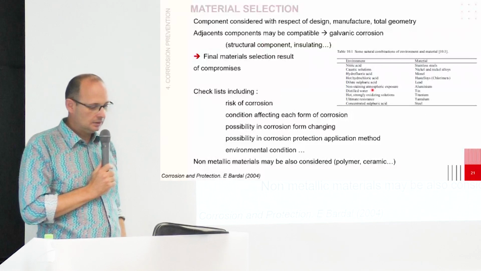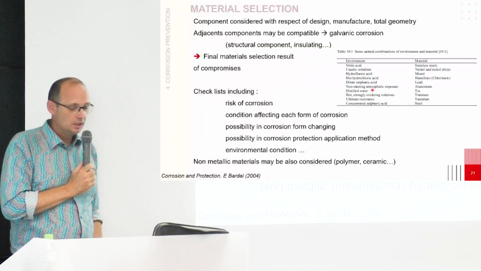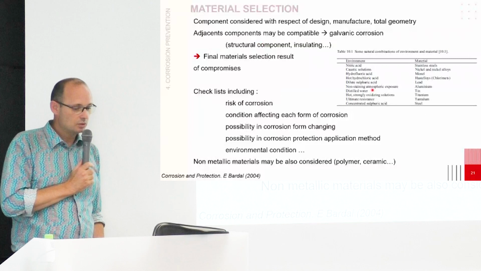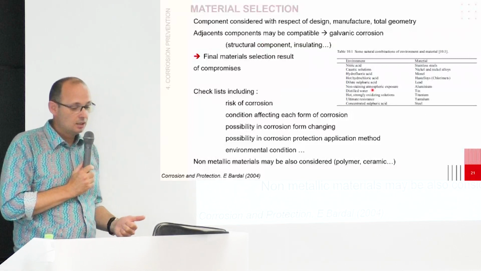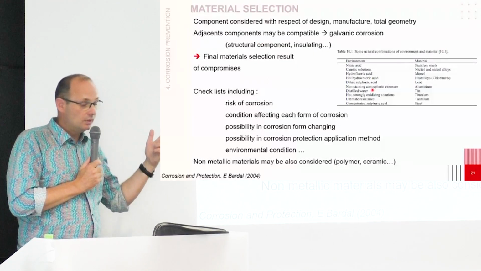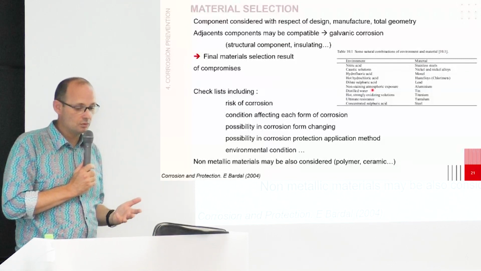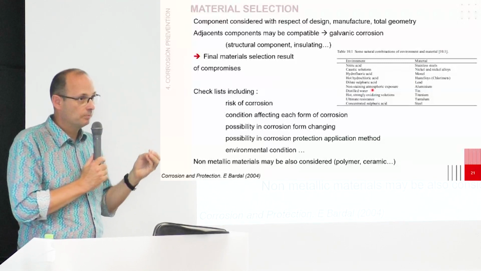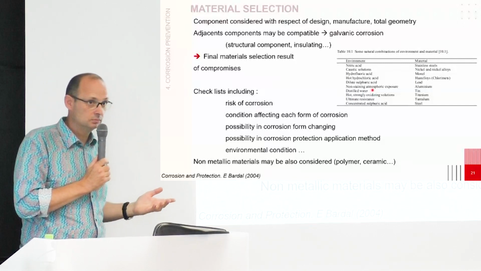Okay. Actually, to choose components and metals, it's quite tricky because you have to consider the material itself, the design that you would like to apply to your materials, if there is any manufacturing process, and the overall geometry of the material. That's the first point. The second point is this material will not be alone. It will be connected to other materials.